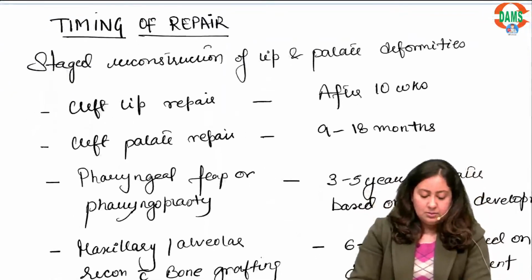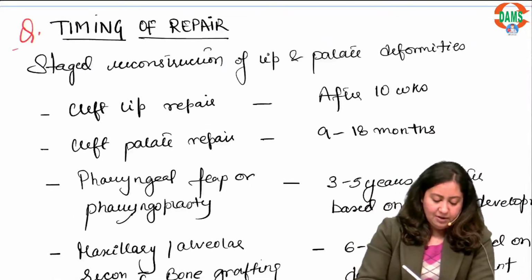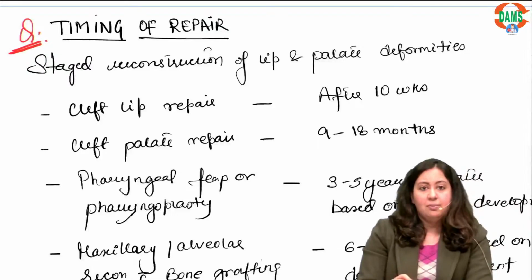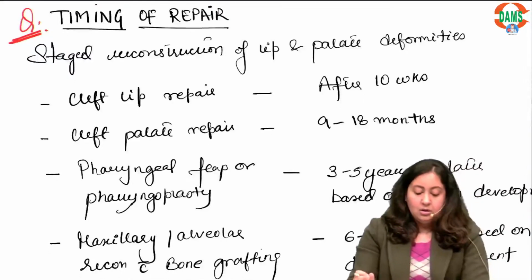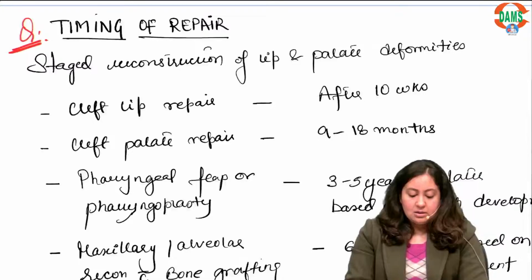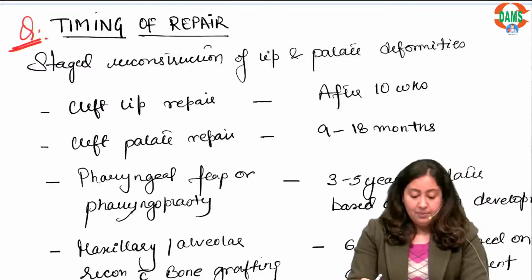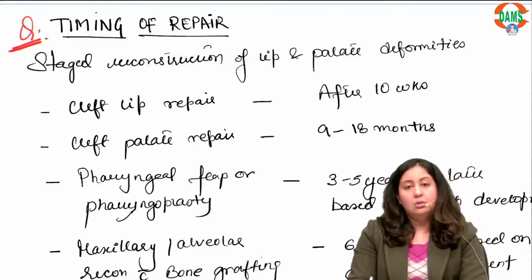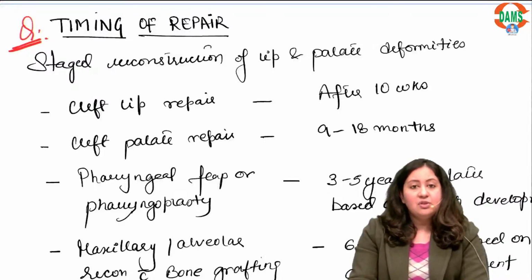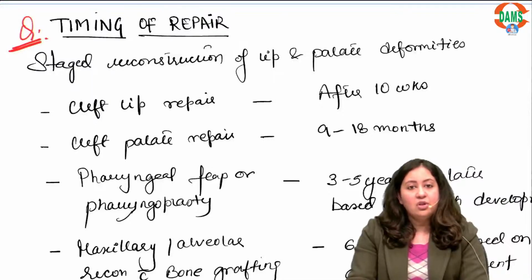Now this is something very, very important: timing of repair. Okay, now there are certain things. In timing of repair, you have to be particular, especially if there is a cleft lip and a palate child. So care is taken not to do everything at once.